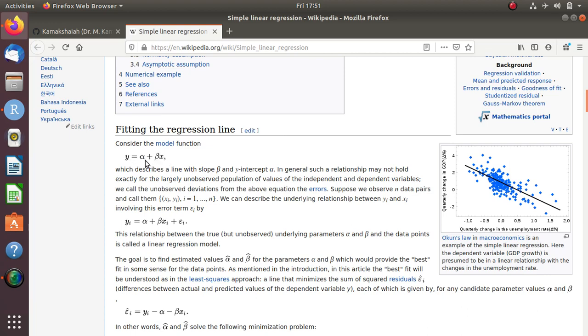In this equation you have two parts, LHS and RHS. In LHS you have the dependent variable, in RHS you have a constant, an independent variable and then an error term. This is a full-fledged equation: y is equal to alpha plus beta x plus e, where e is an error.